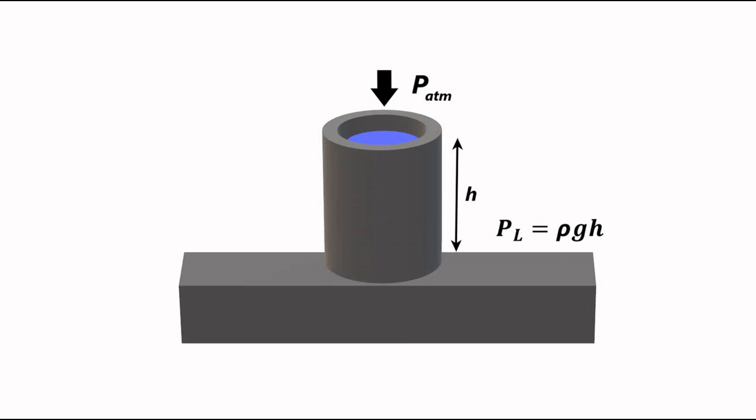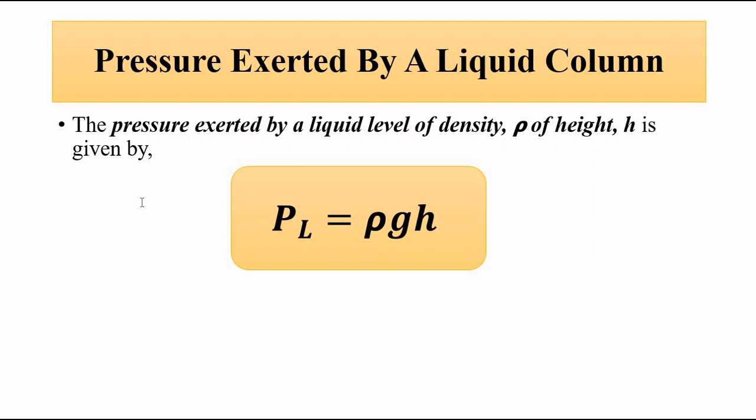So here the main concept, the main principle is that we are using two sensors. First we are using Bourdon tube as the pressure sensor, and we are using the inductive sensor as the level sensor.